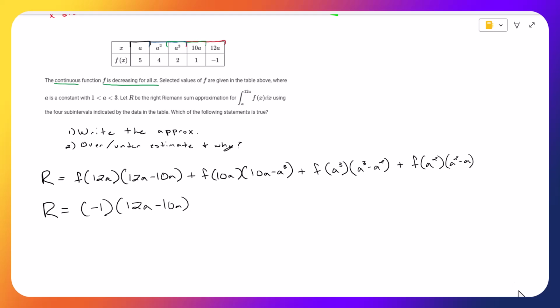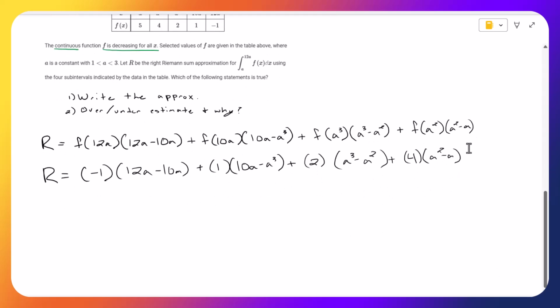And again, you can pause the video here, write out what the rest of these are going to be, and then come back and check in with me. And coming back, this is what we should have gotten for all of them. So we have our right-hand Riemann sum. And now we're just going to say, is it an overestimate or underestimate, and why? Well, I'll pause for a few seconds to let you come up with your answer.